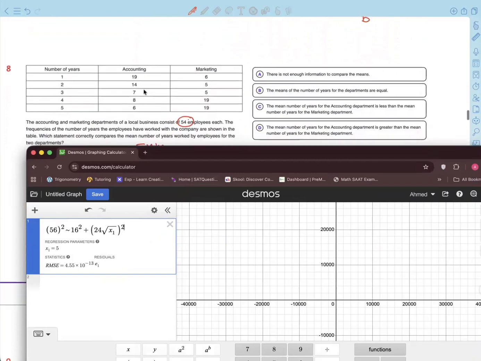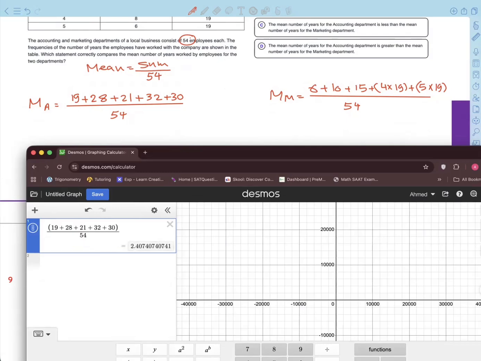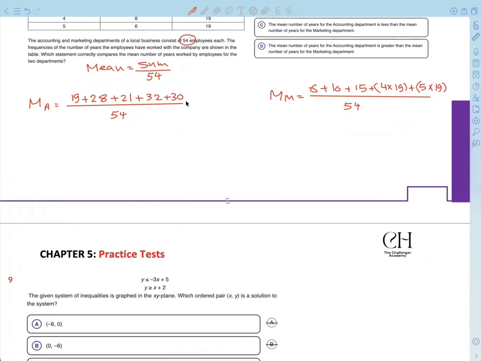Okay, and scroll it up like this. So the first one, we have 1 times 19 plus 28 plus 21 plus 32 plus 30, all of this over 54. It will be 2.4. So this is 2.4.